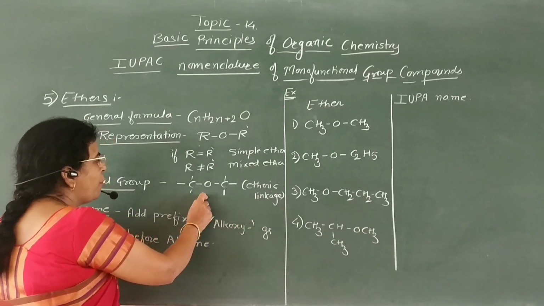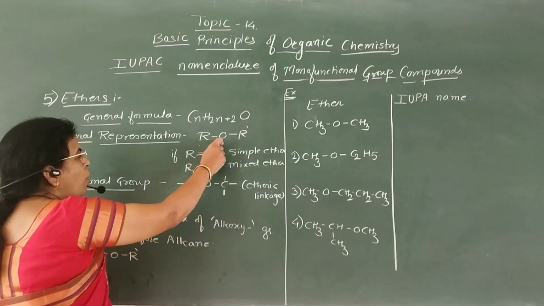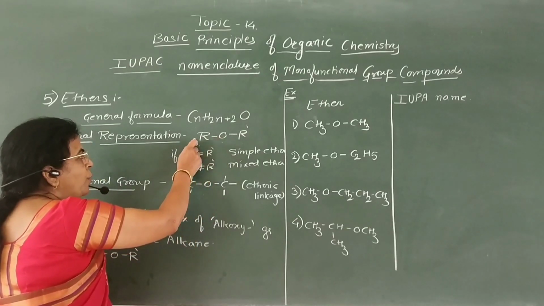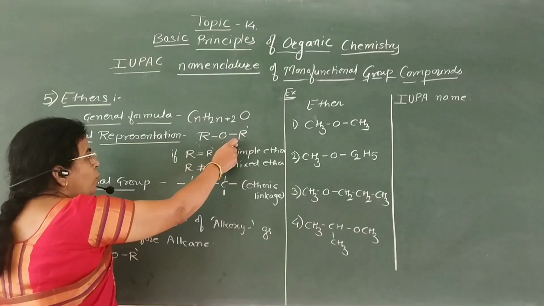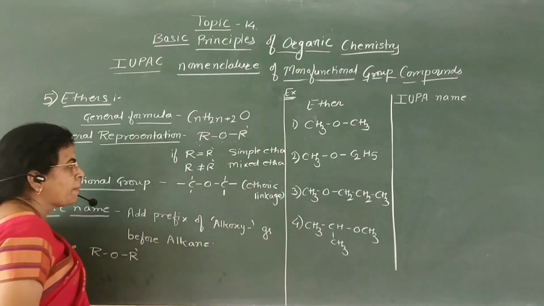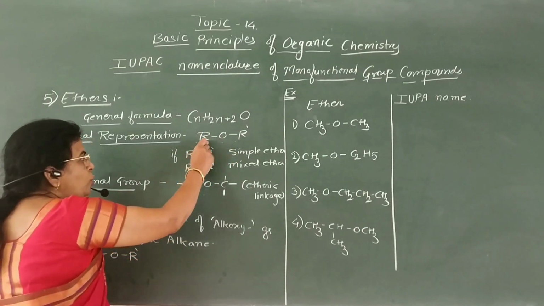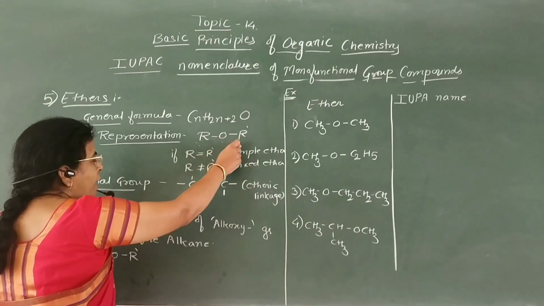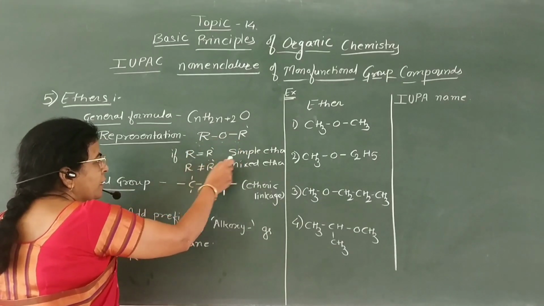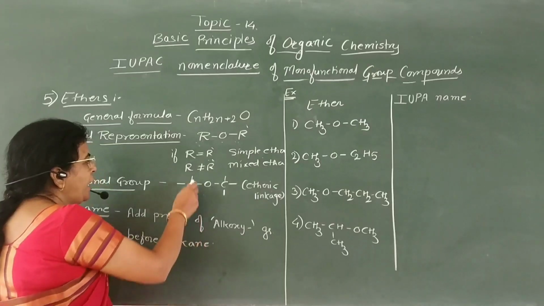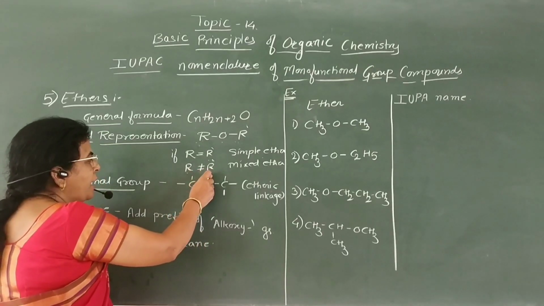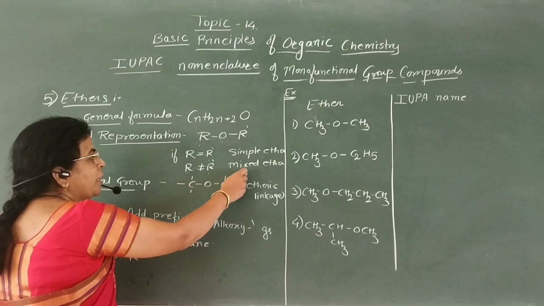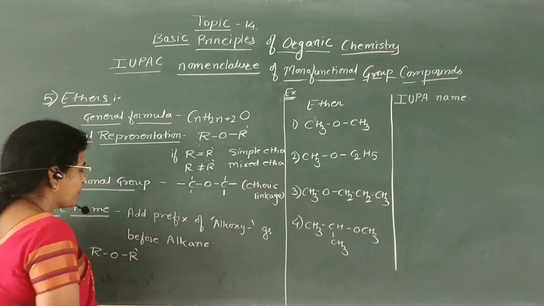When this oxygen atom is bonded to two alkyl groups, it becomes ether. If these two alkyl groups, R and R', are similar, then it is a simple ether, and if R and R' are not the same, then it is a mixed ether.